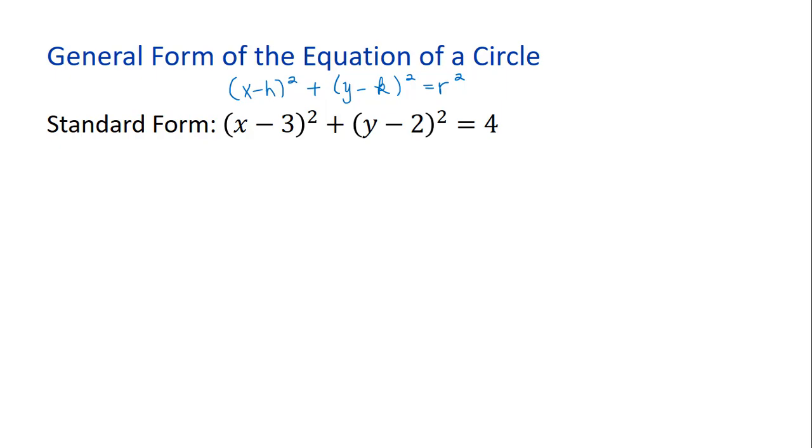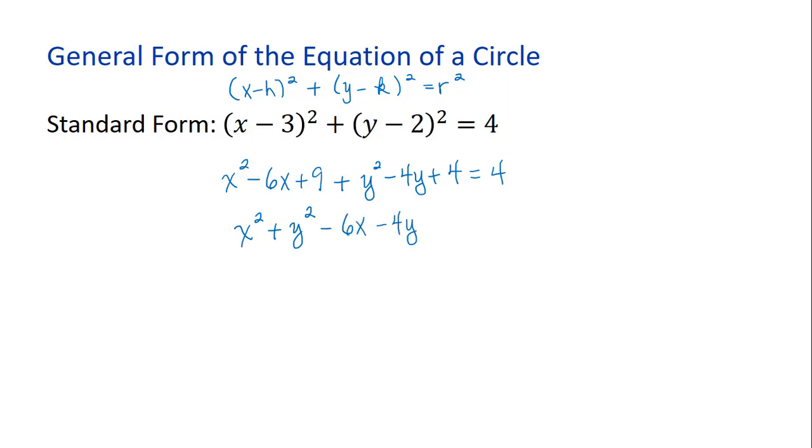Recall that when you expand (x minus 3) squared, you get x squared minus 6x plus 9, plus (y minus 2) squared is y squared minus 4y plus 4, is equal to 4. We can write this as x squared plus y squared minus 6x minus 4y.